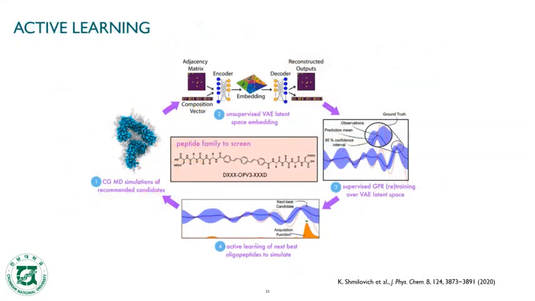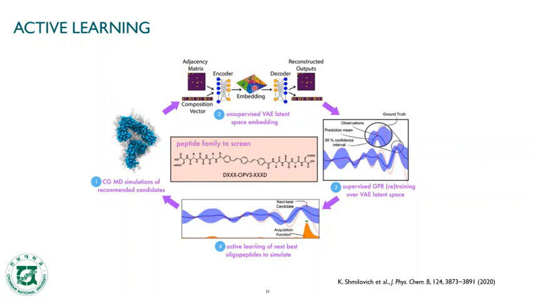There's also an effort to use better learning algorithms. Here's an example of using active learning. The concept of active learning is you start with a small training data set. The goal of this problem is finding a pi-conjugated peptide which results in a targeted self-assembled structure using this active learning process. Start from a small set of simulation data, and then train the variational autoencoder, reducing the dimension through the encoder.